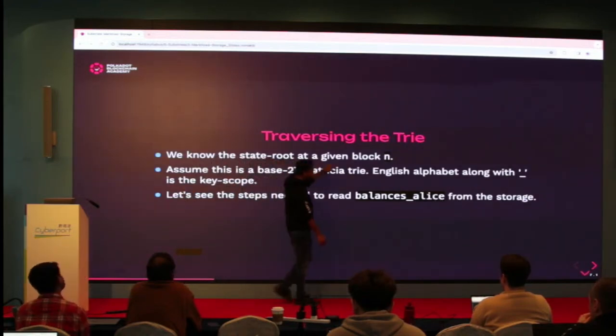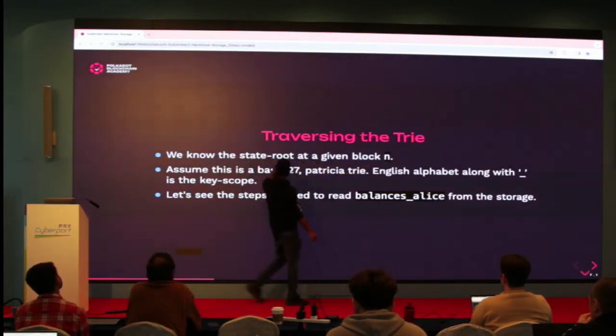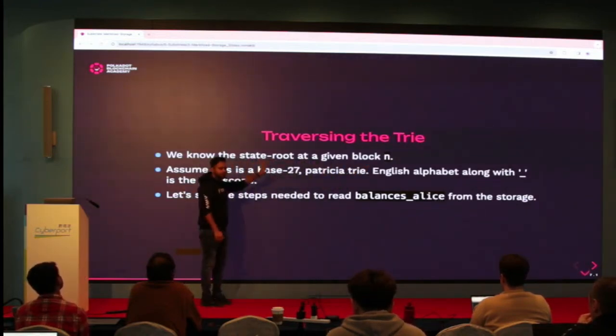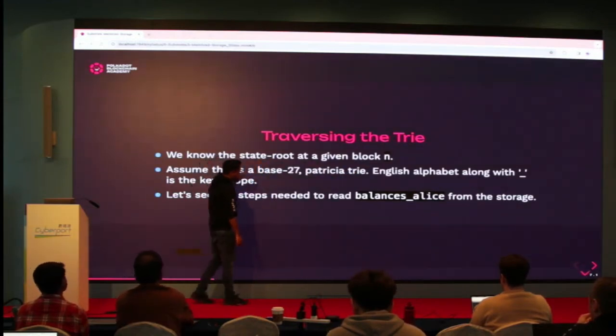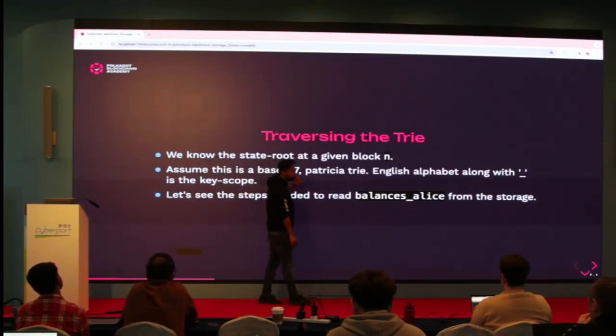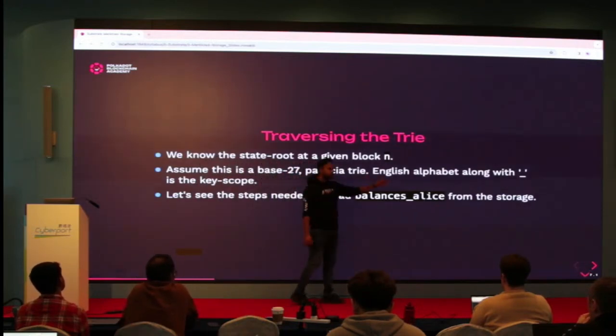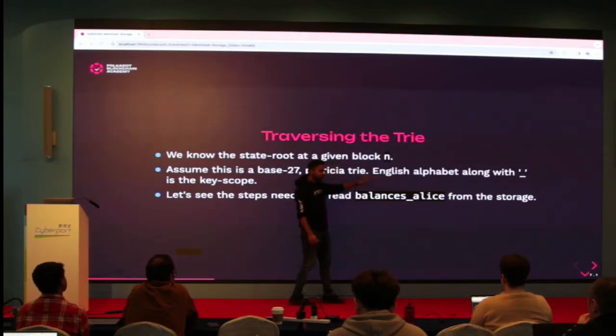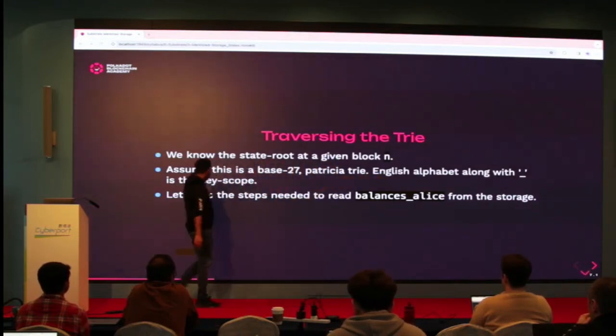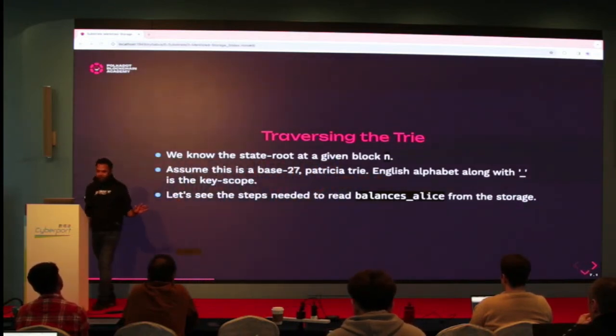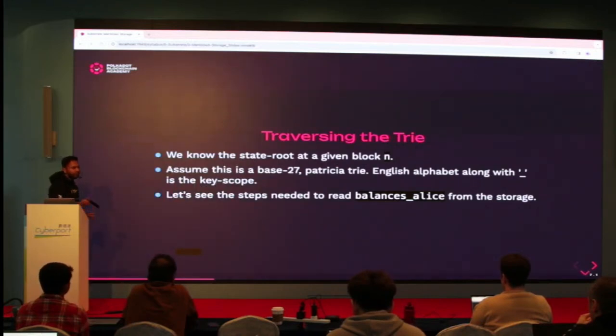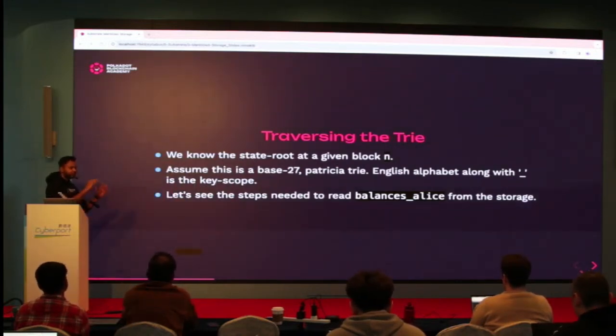For every block, we keep track of the state root, right? For our example, we will take the case of base 27 just so we can use English alphabets and underscore. There are 26 alphabets plus 1, 27. And we will try to read the balance of ls from our trie structure, from our database.